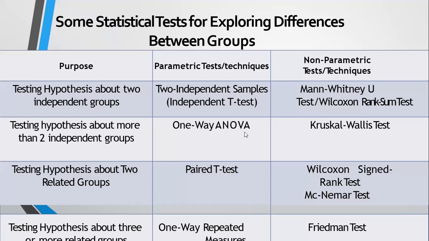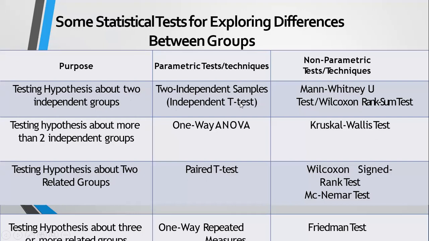Okay, I will send this in your GC so that you will not forget. So as I've said before, if you're testing about two independent groups, then for parametric, you're going to use the two independent samples t-test.